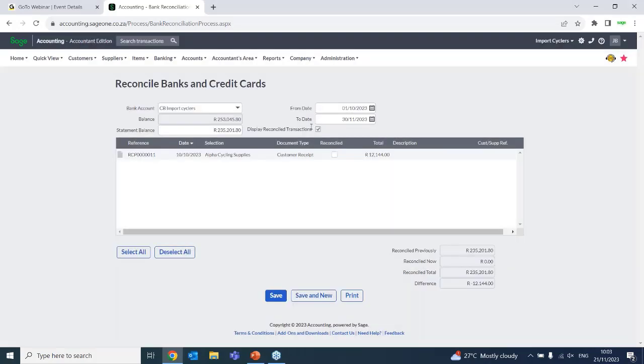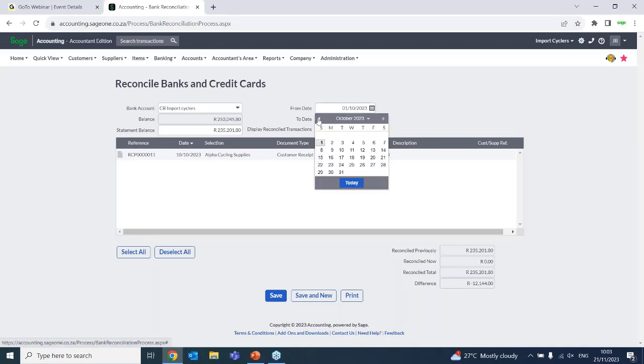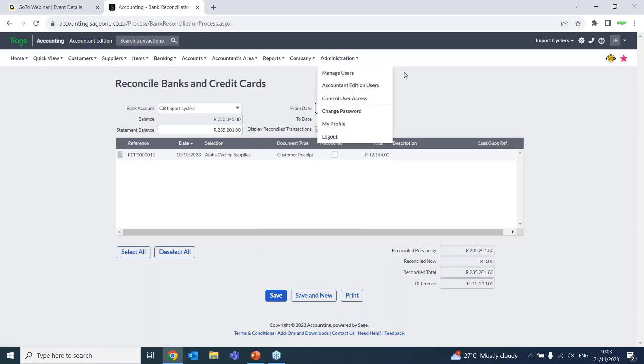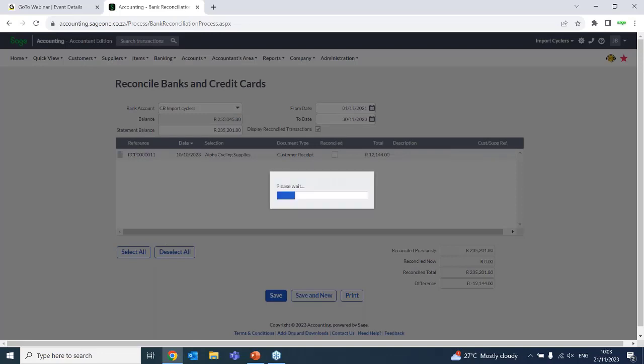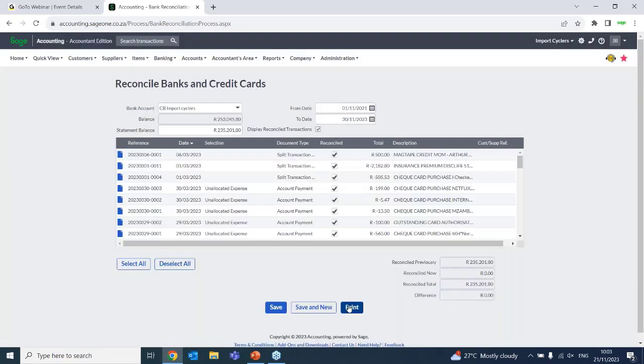Now you can display your reconciled transactions, which is something we would advise that you do during this period in case you have transactions that are not reconciled. In this manner, I'm going back to 2021 and having a look, because you also need to figure out, where is my issue coming from?